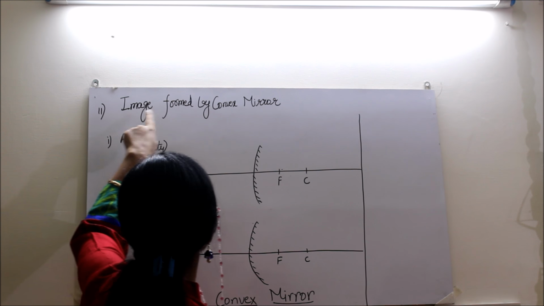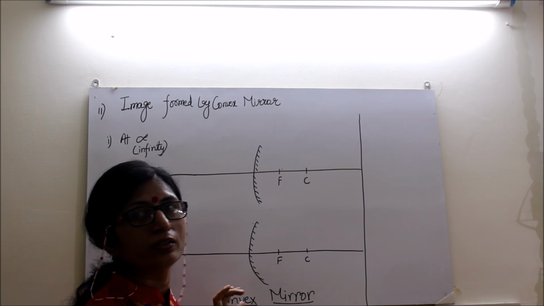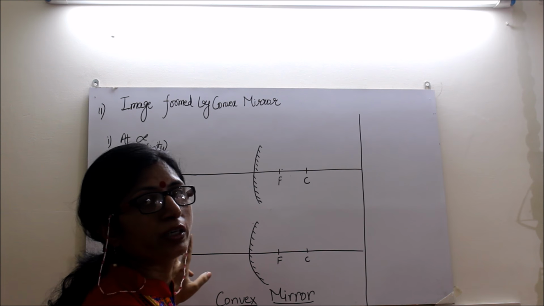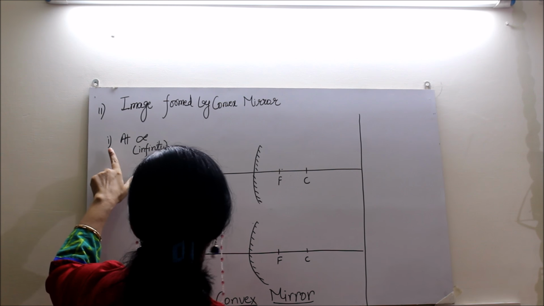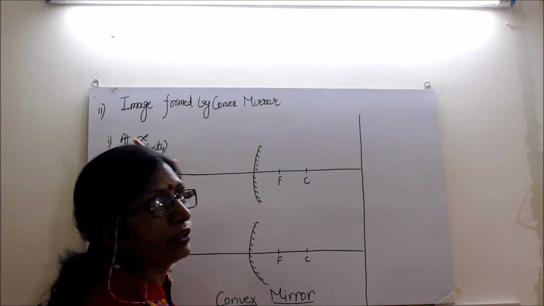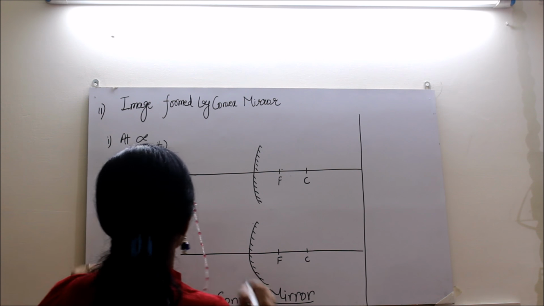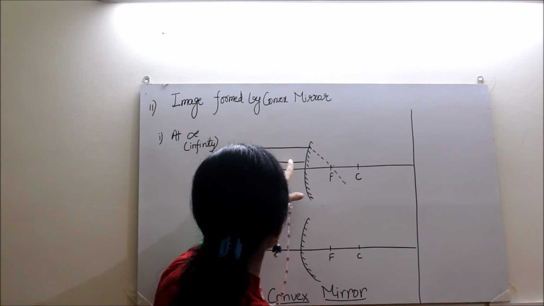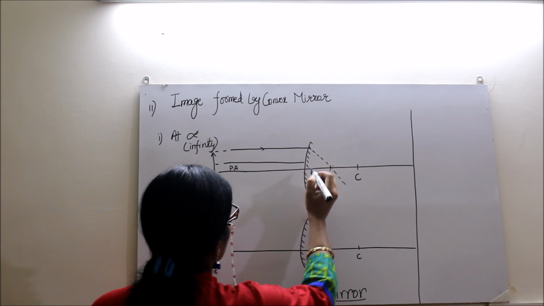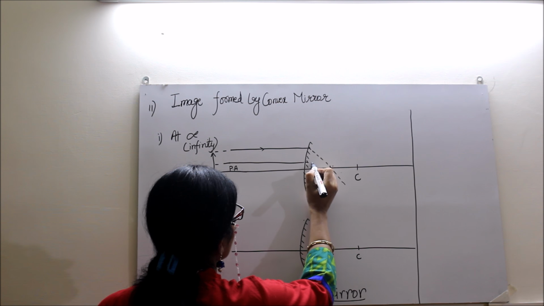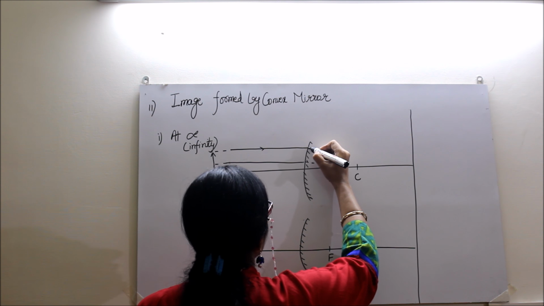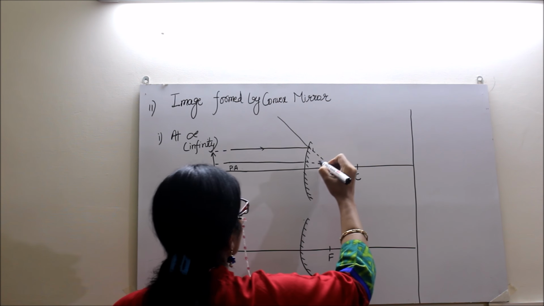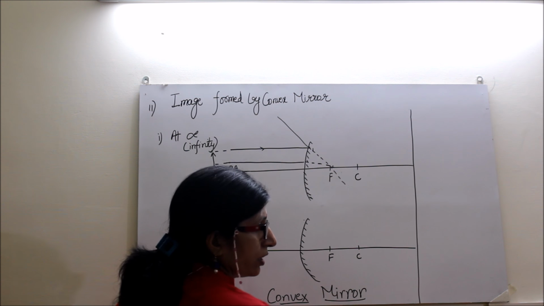Now we are going to see the image formed by a convex mirror. This is the second kind of mirror that has been discussed already in the notes. The image formed when the object is placed at infinity: any ray parallel to the principal axis will pass through focus. So these rays are to be produced by keeping a scale.